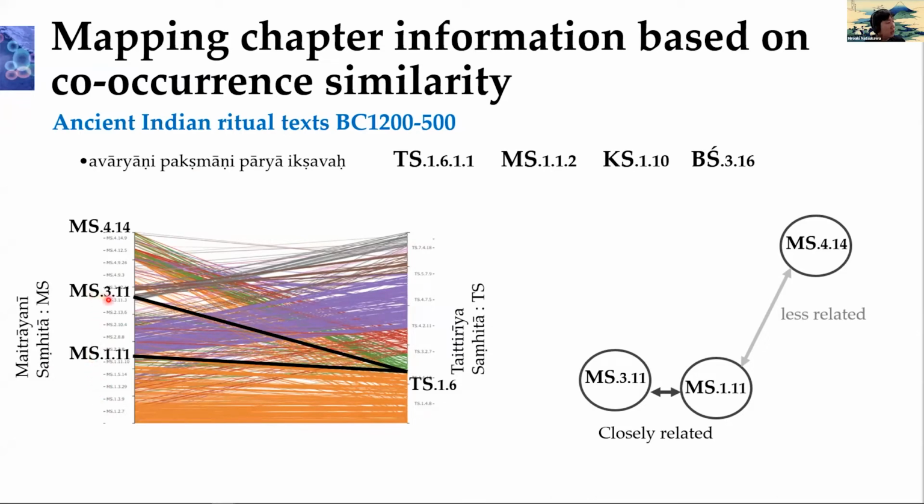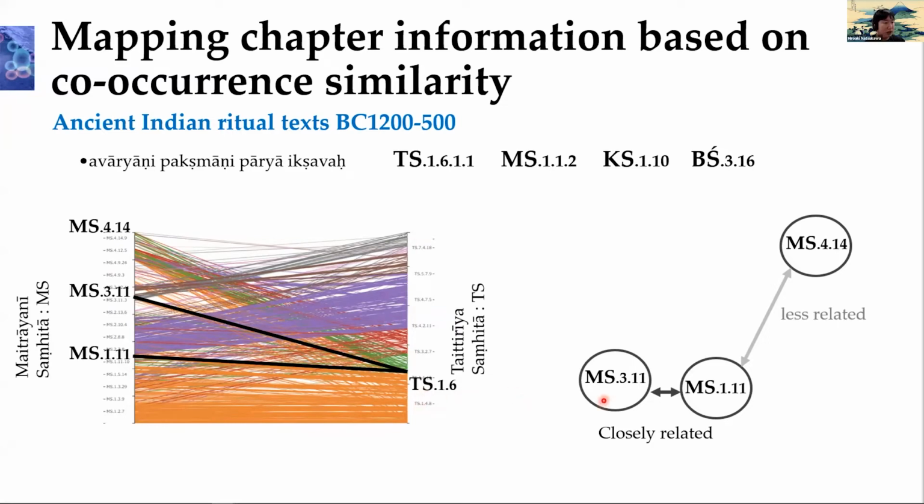And let's say the MS 3.11 is related to the TS 1.6, and MS 1.11 is related to the TS 1.6 in the co-occurrence pattern.